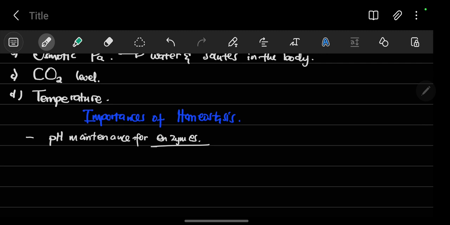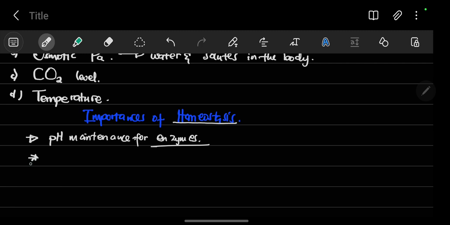So if you change this pH, a certain enzyme is going to get denatured. So enzymes are sensitive to pH. One of the importances of this homeostasis is that it helps in maintaining pH for our enzymes.